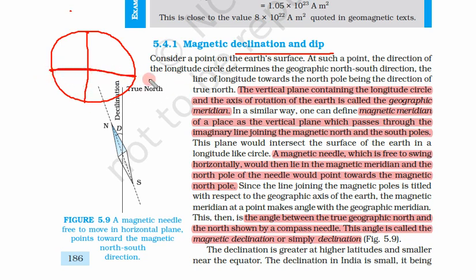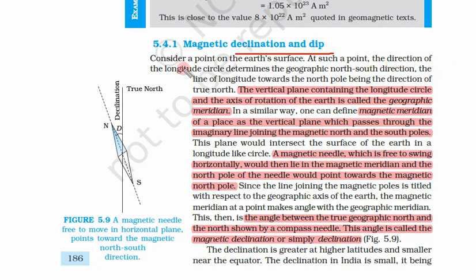Latitude circles are horizontal circles, these are vertical circles. Again, vertical or longitudinal, and these are horizontal or latitude. Okay, so this is the summary of the story.